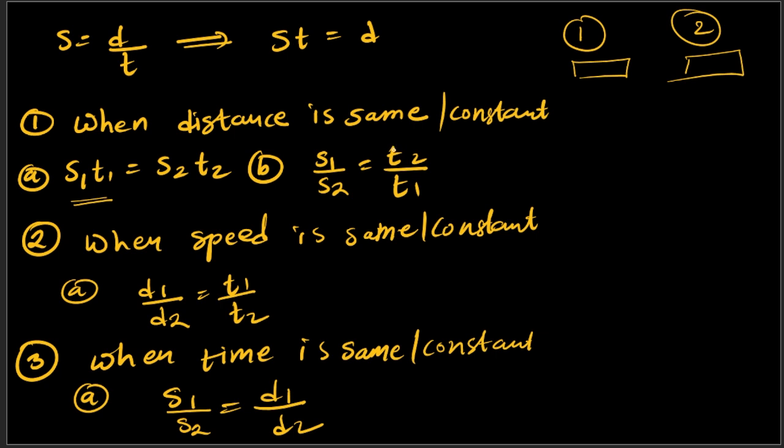Here there is a high chance of making a mistake, t1 upon t2, but we have to take t2 upon t1, the inverse. So s1 upon s2 is equal to t2 upon t1.